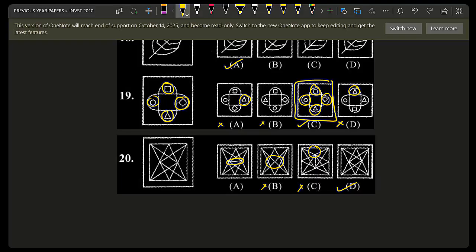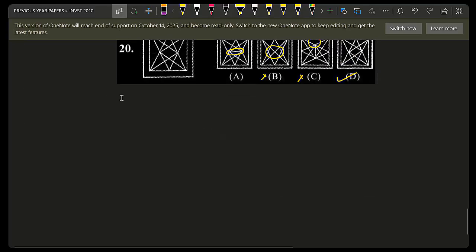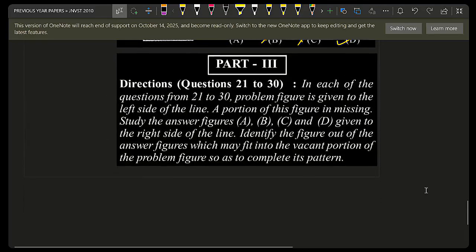Okay. Next set of questions from part 3. First, let us read the directions. From 21 to 30, we have to follow these directions.